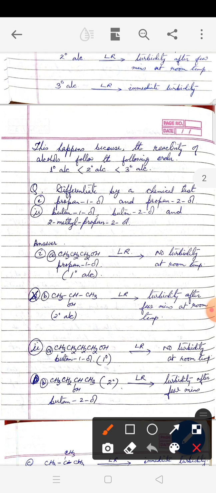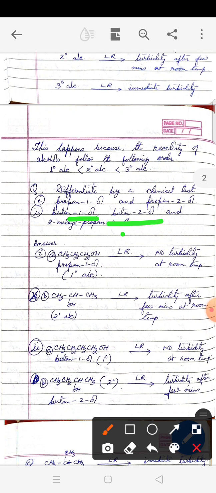Let's look at the second pair. Differentiate between butan-1-ol. Okay, this is not a pair, 3 compounds. Butan-1-ol, butan-2-ol, and 2-methylpropan-2-ol. They are all isomers. Now butan-1-ol, as you can understand, OH is in the first position, therefore it is primary.